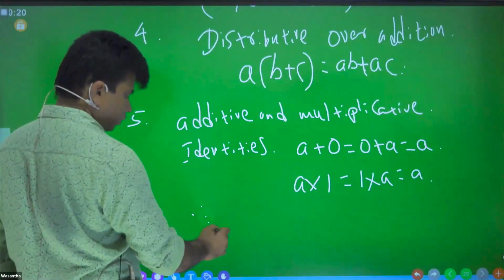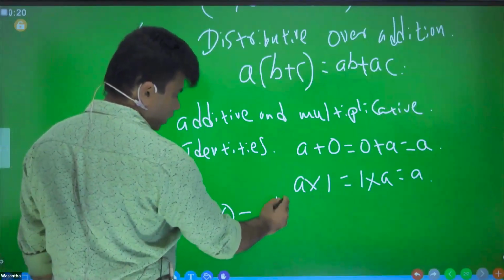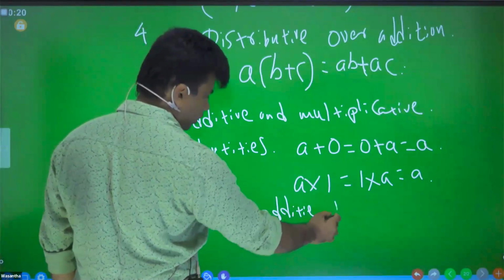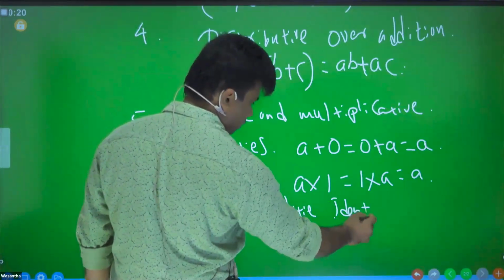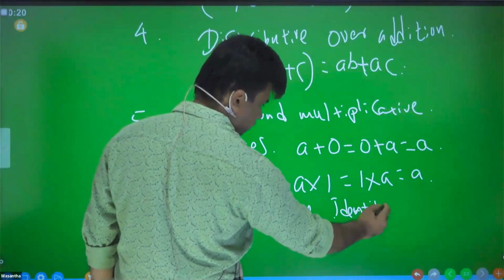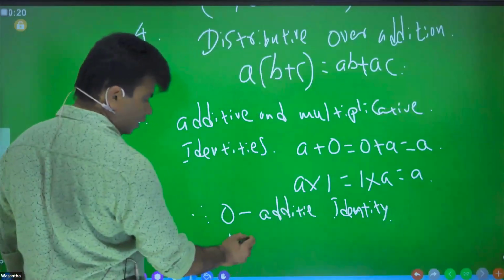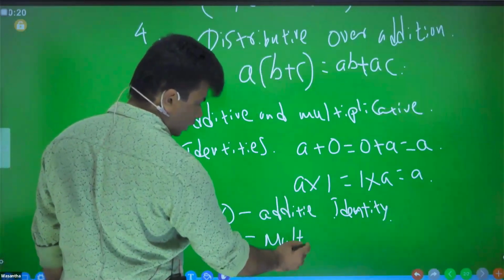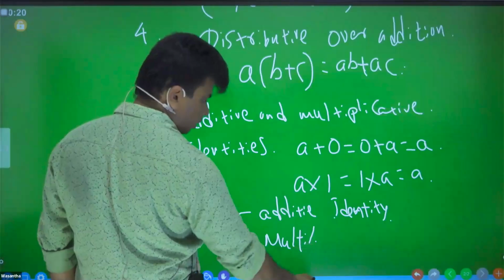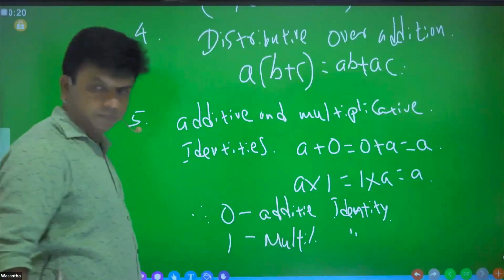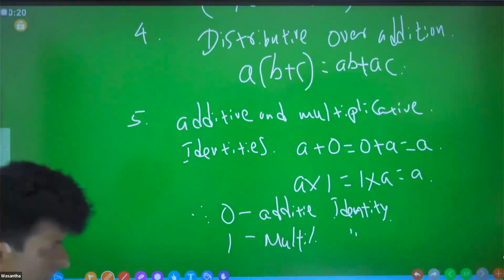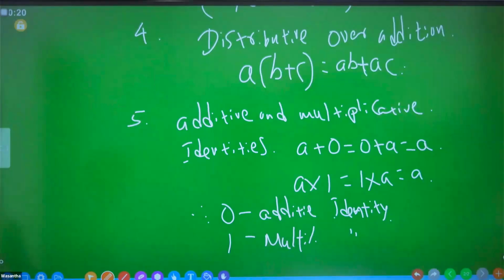So, therefore, 0 is additive identity, 1 is multiplicative identity.